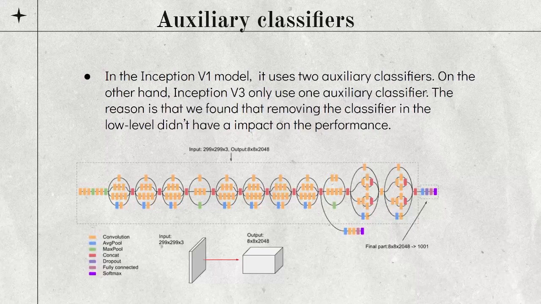Additionally, Inception v3 employs other techniques like batch normalization, which normalizes the inputs of each layer to reduce internal covariate shift and accelerate training.